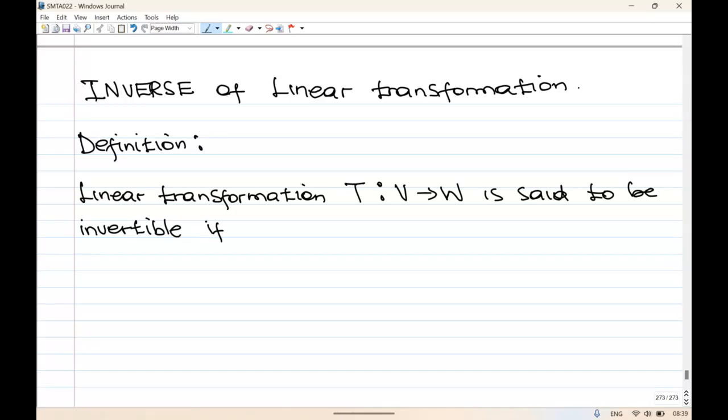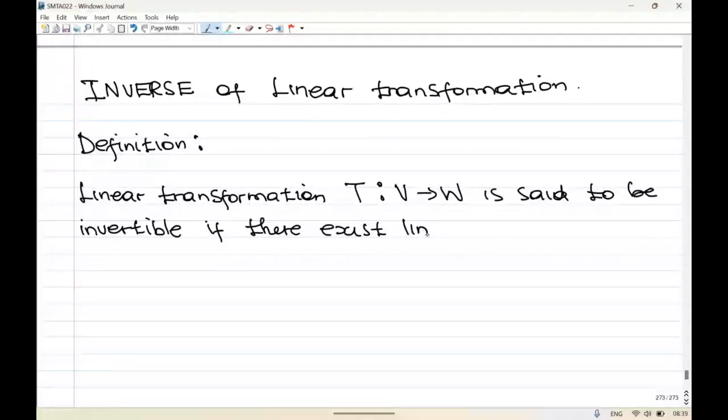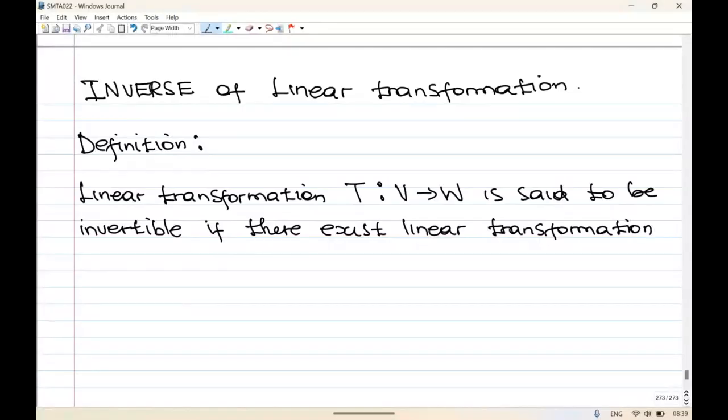Then if there exists a linear transformation, now you have another map. Another map S is the inverse of that one.